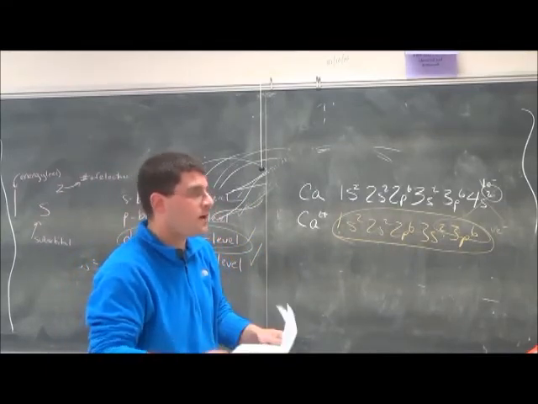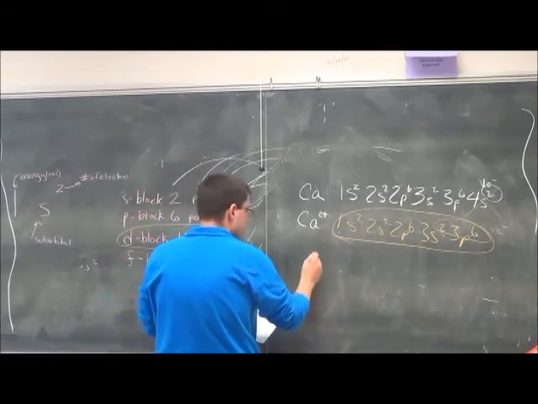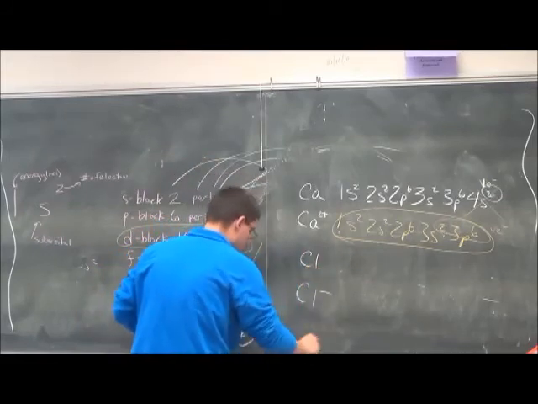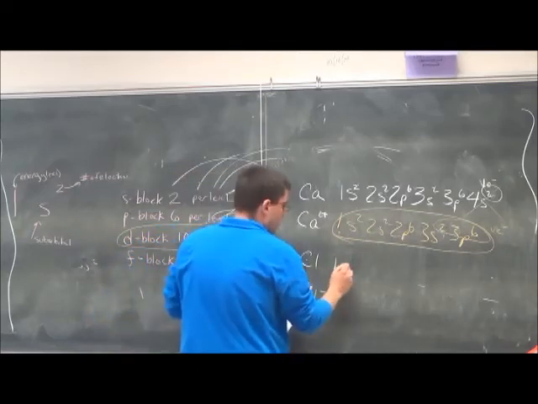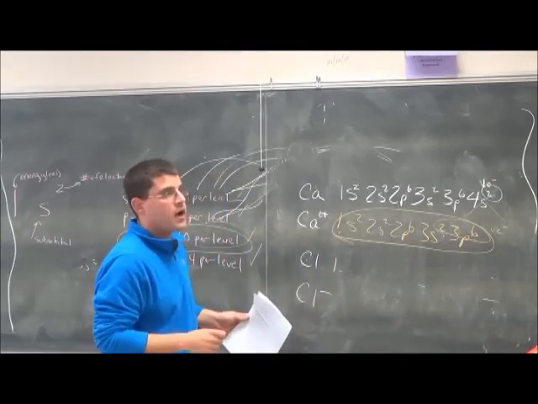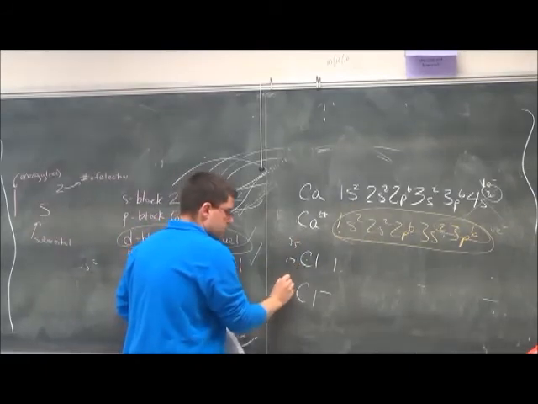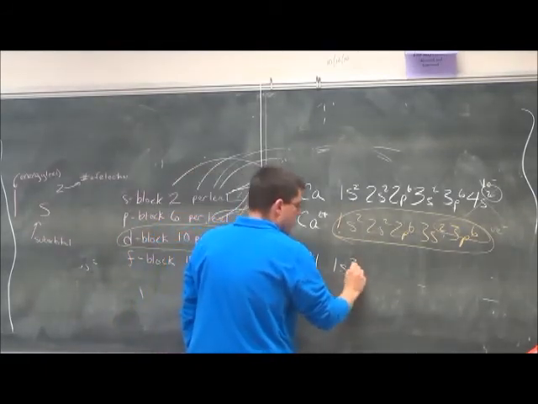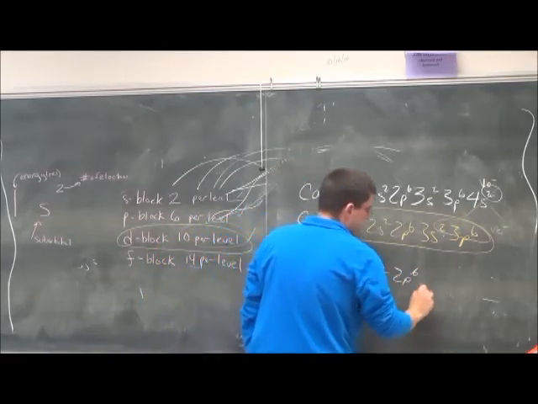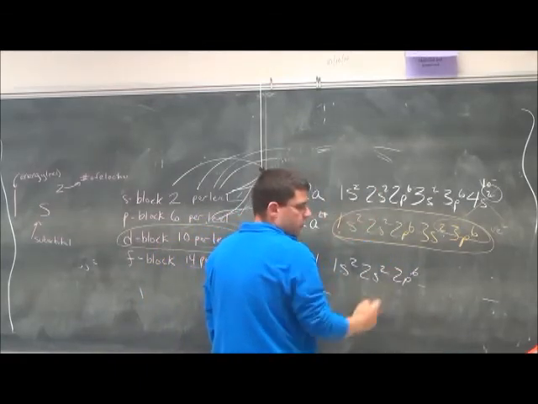Chlorine, chloride, that's an easy one. Look down here. Here's chlorine, here's chloride. Here we go. Start off, this is so easy. By the way, for chlorine, the atomic number is 17, so we have 17 electrons. 1s2, 2s2, 2p6. I'm out of room on the 2, it can only go up to 8.